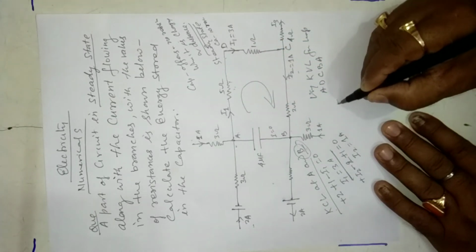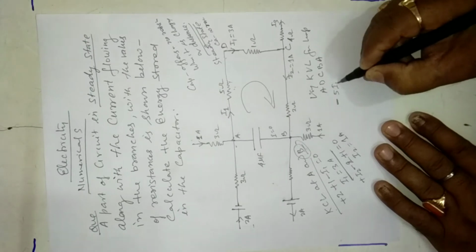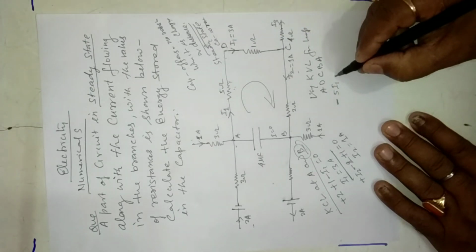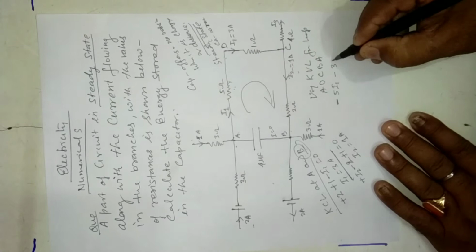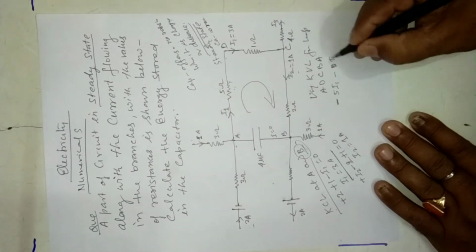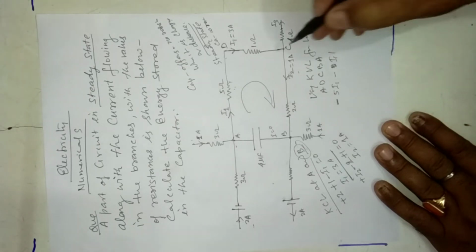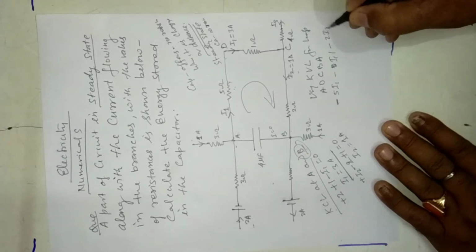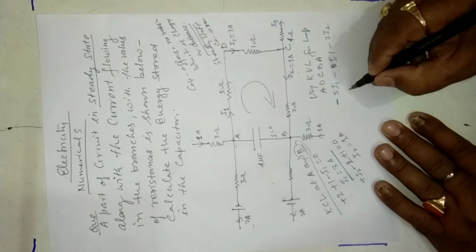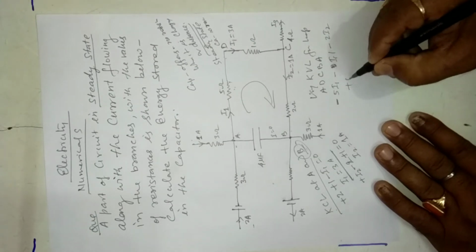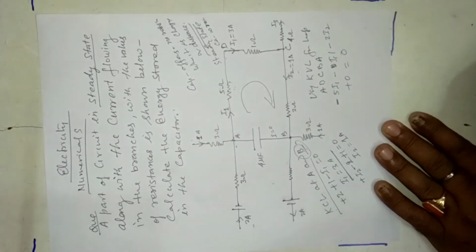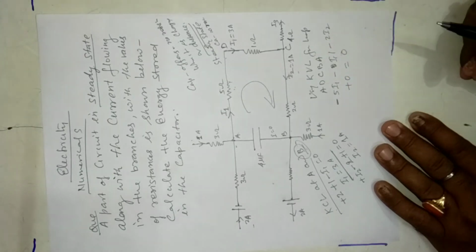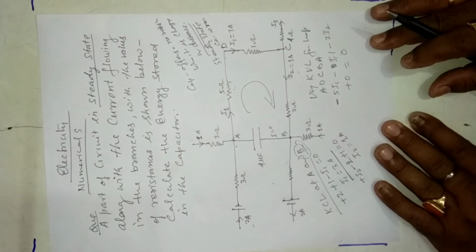So this will be minus 5 I1, again here minus 3 into I1, again at this point we will write here minus 2 I2, and in this direction it is 0, so it will be 0 and is equal to the total algebraic sum, it becomes 0 in a closed loop.